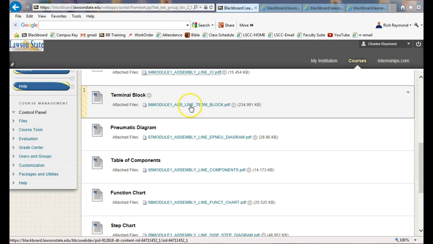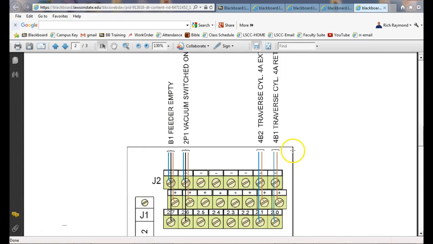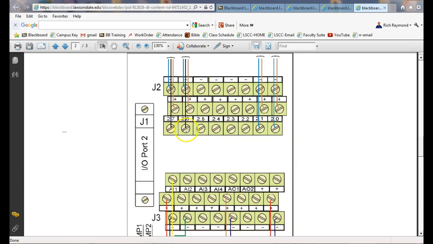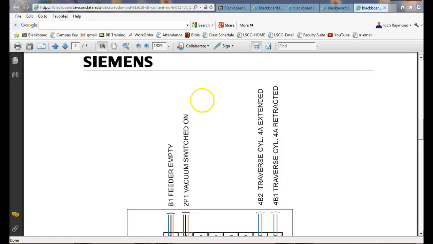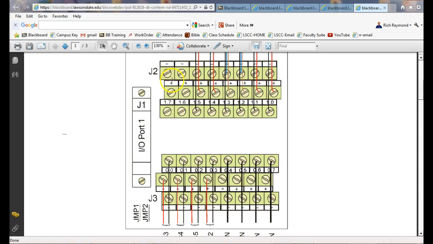The next one is the I/O terminal. This guy gets kind of confusing because we got several terminals on there. So what they do on this one, if you notice the numbering, is they number the terminal box 1.7.